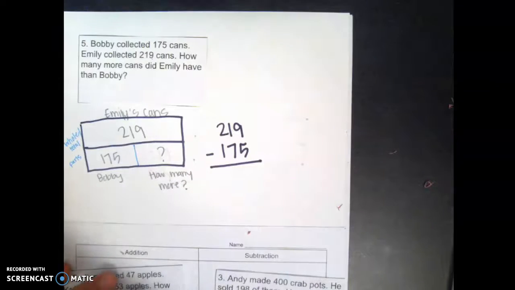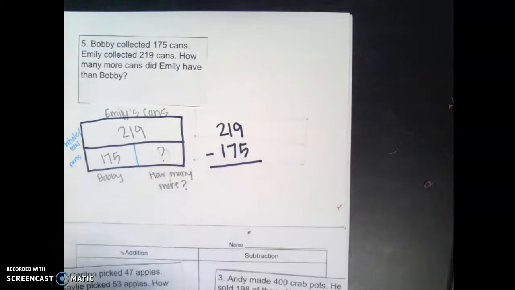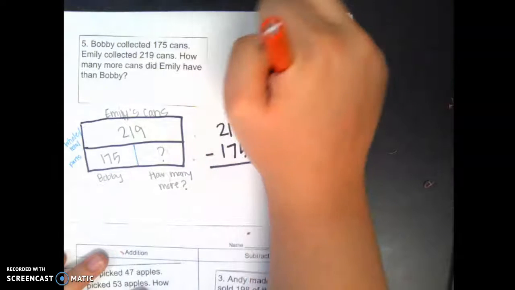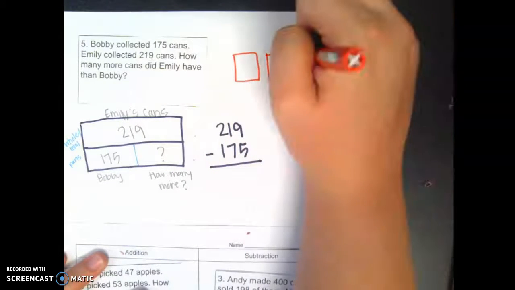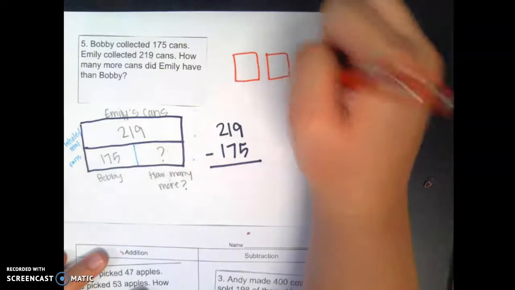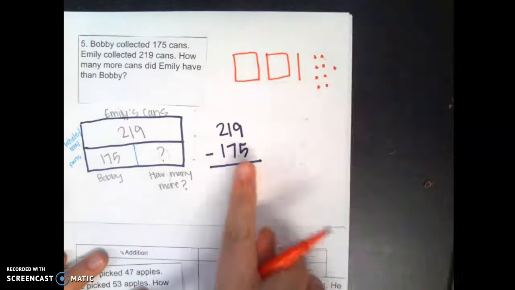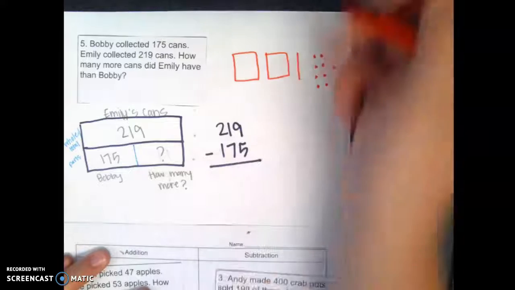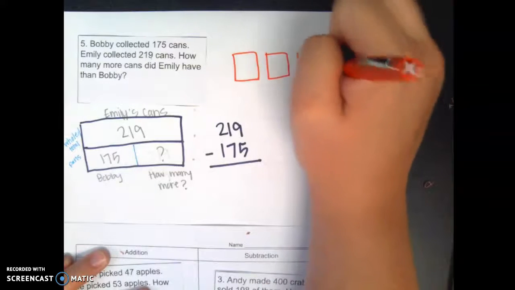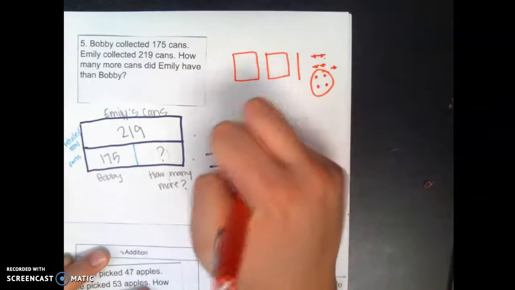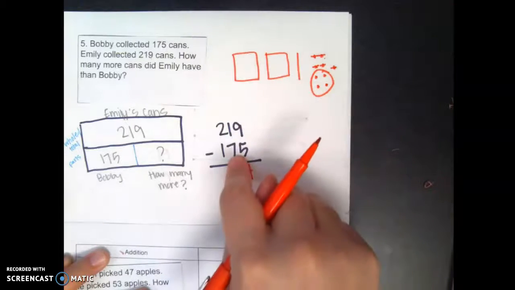And I'm going to practice this with base 10 blocks. So 219 would be 2 hundreds, 1 ten, and 9 ones. 1, 2, 3, 4, 5, 6, 7, 8, 9. I'm going to take away 5 ones. 1, 2, 3, 4, 5, and I'm left with 4. I'm going to take away 7 tens.